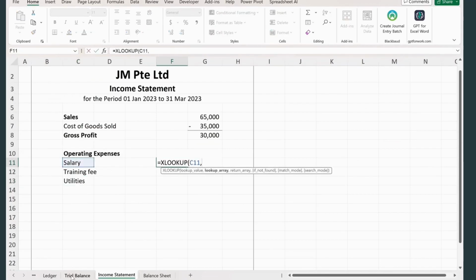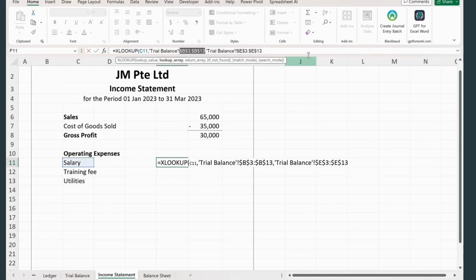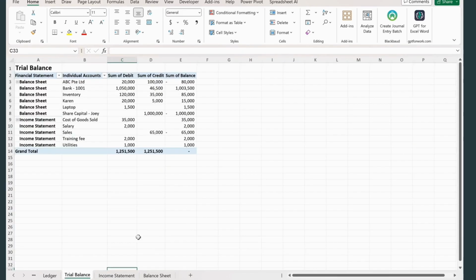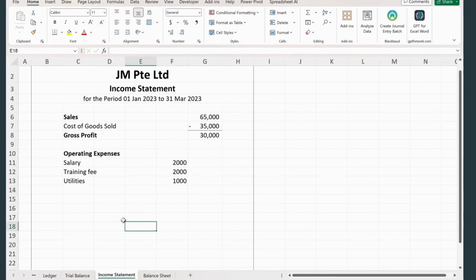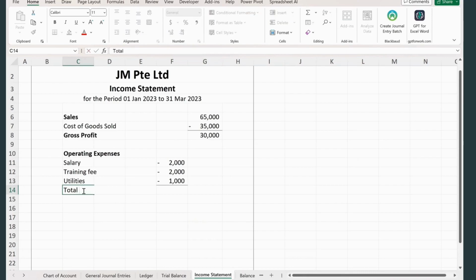We look up the value. Freeze the range. Here is expenses, so we multiply -1.